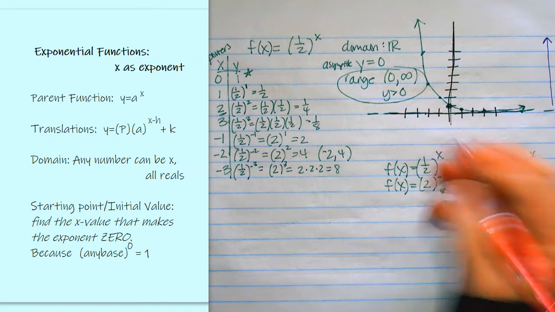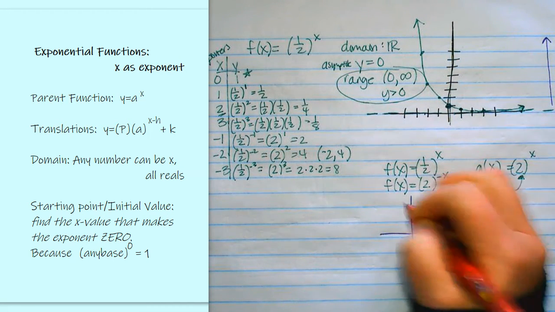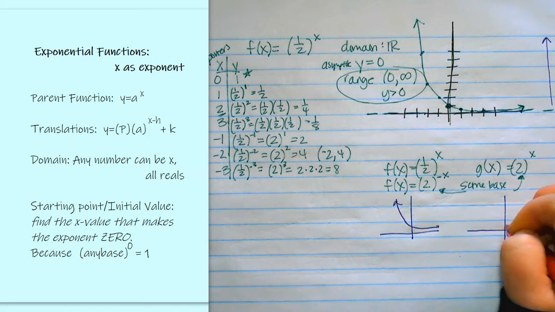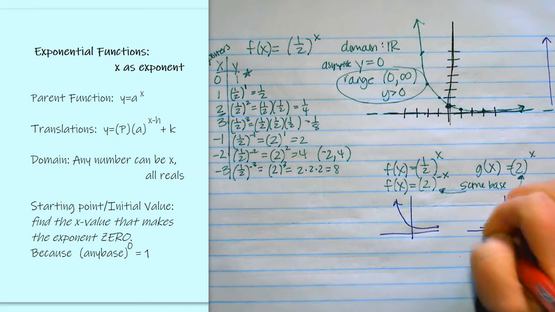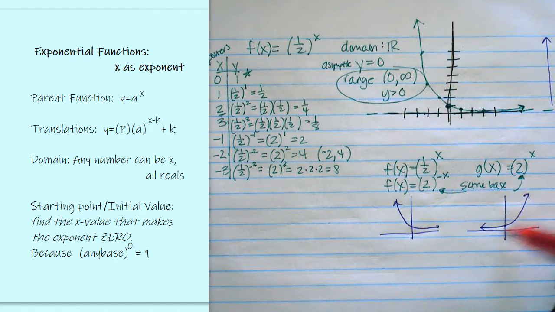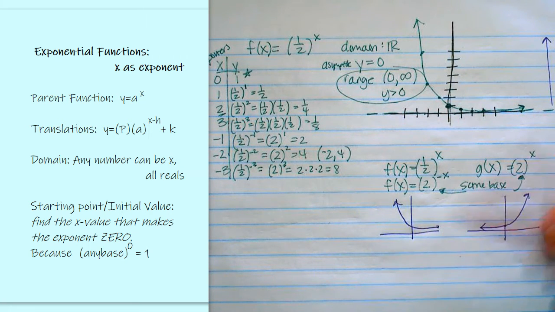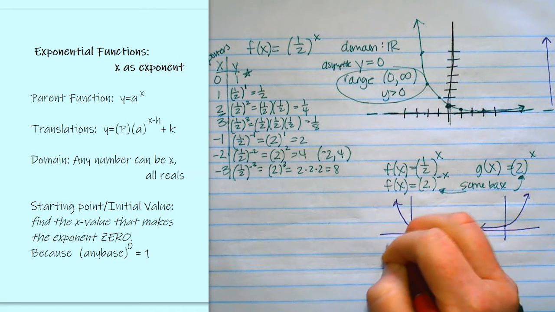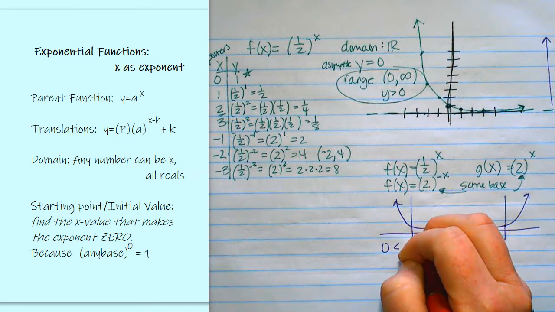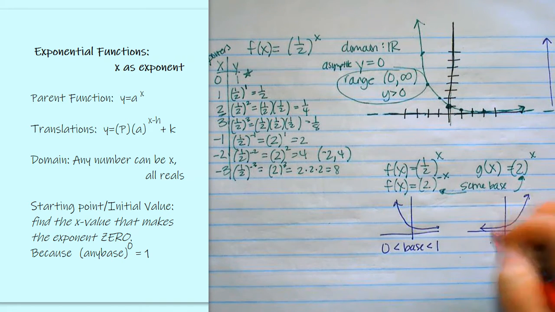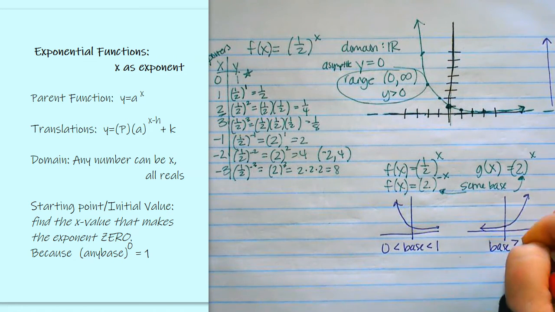So what that means, and I'll draw a little tiny drawing right here and a little tiny drawing over here, is that 2 to the x grows really fast, while 1/2 to the x gets smaller. This is 0 less than a, the base, less than 1, and this is base greater than 1.